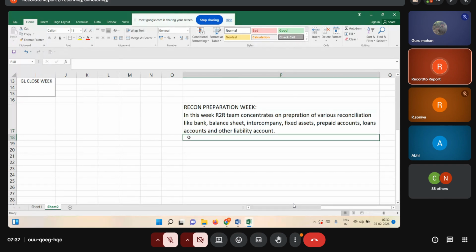The second week will be called the recon approval and submission week.